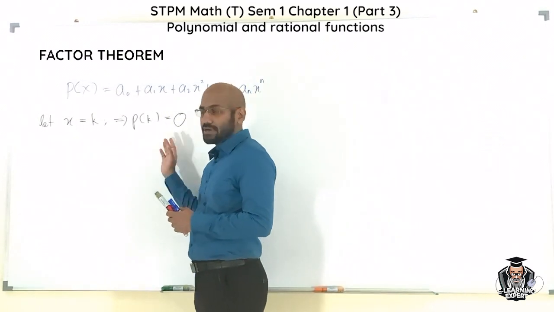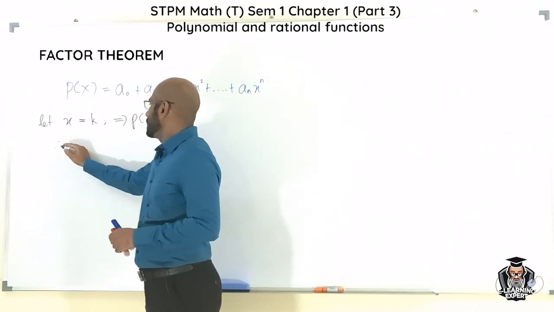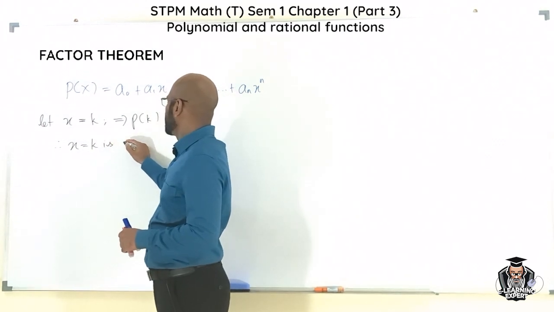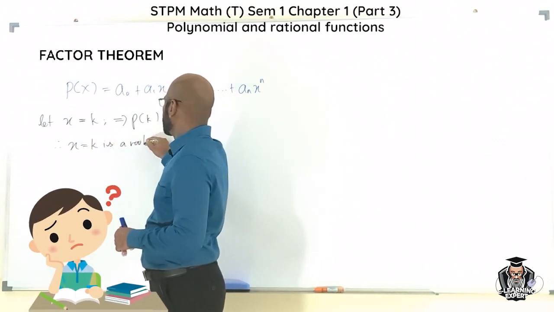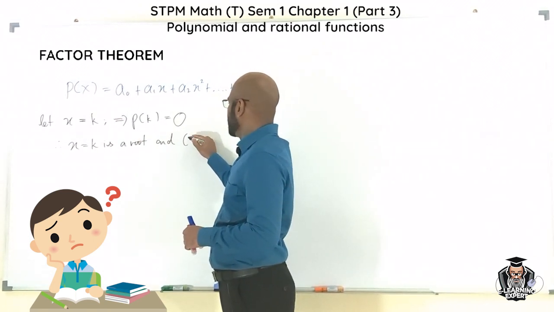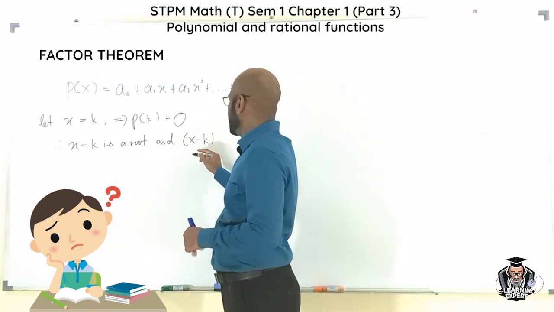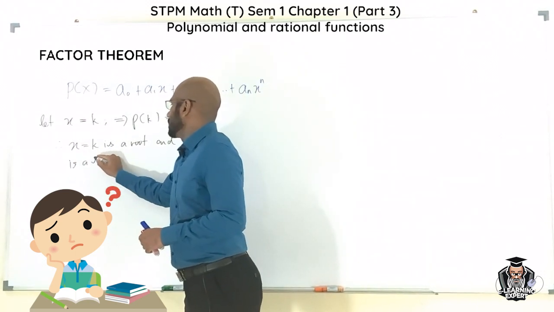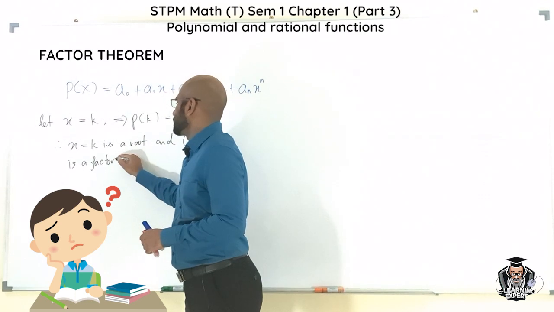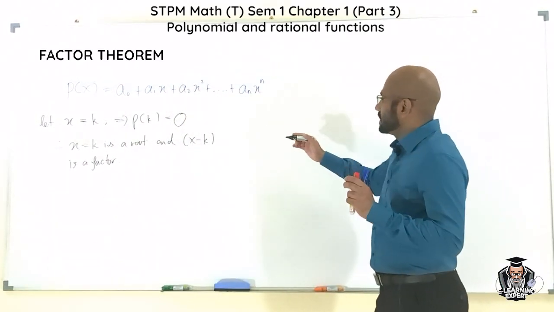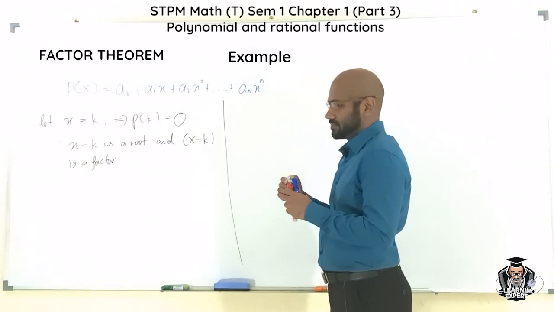So if that happens, that means x equals k is a root, and x minus k is a factor. What does this mean? Let's look at an example now.